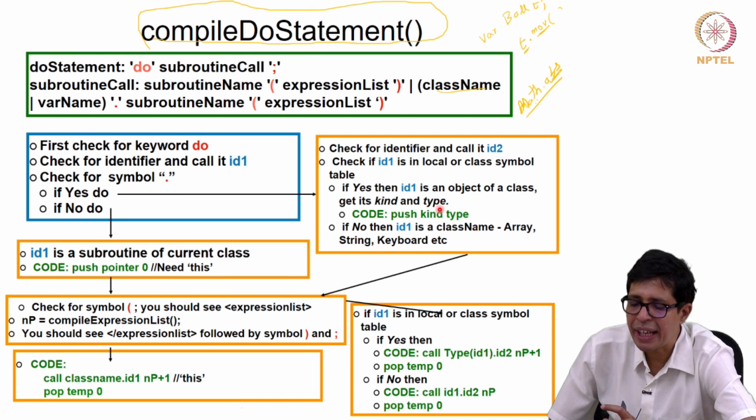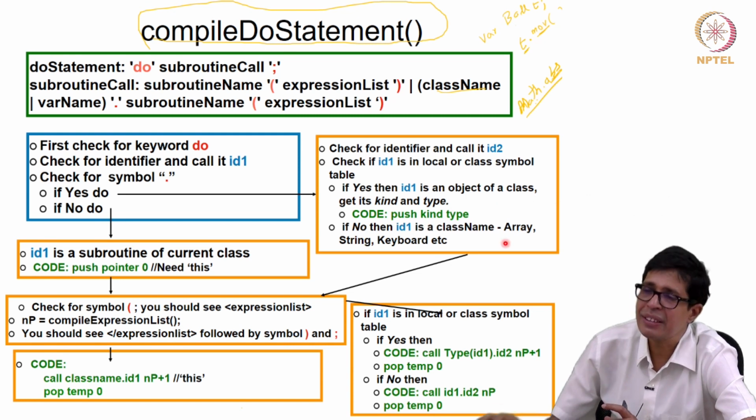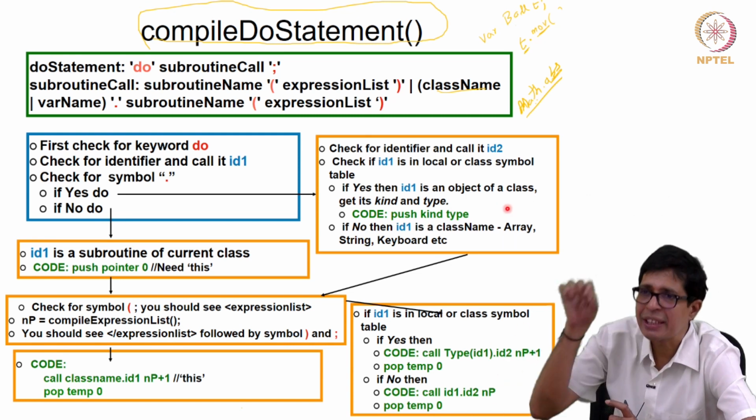You have to push kind type because I am pushing the this of that object. When it is a var name, that object's field variables should be accessible to the move. So I just say push kind type. This is equivalent to pushing the this, because in the called subroutine the first argument would be that of the object.